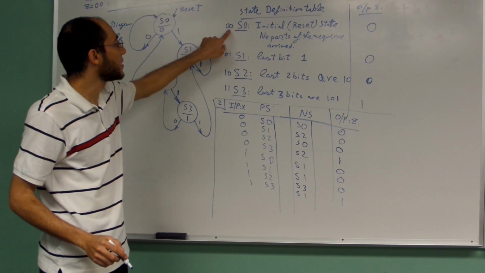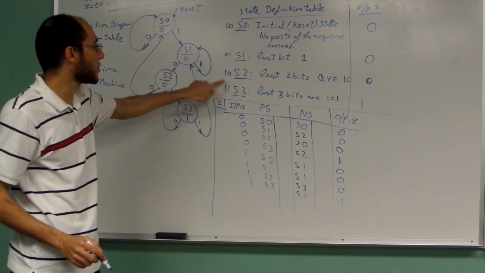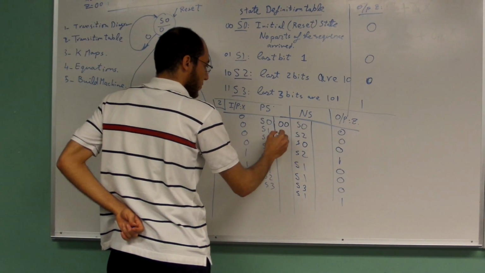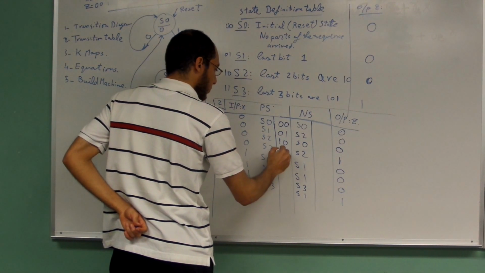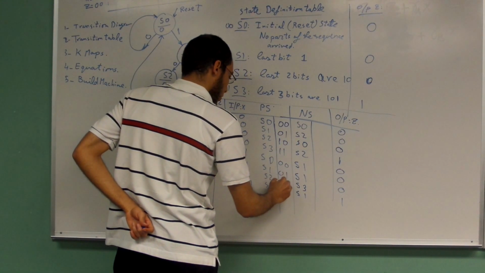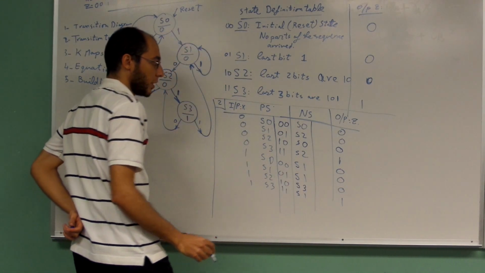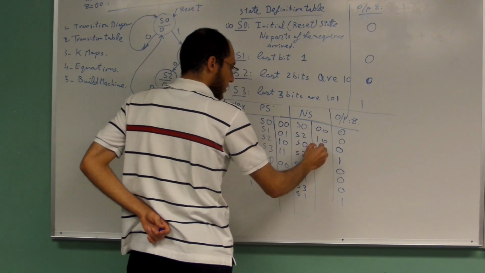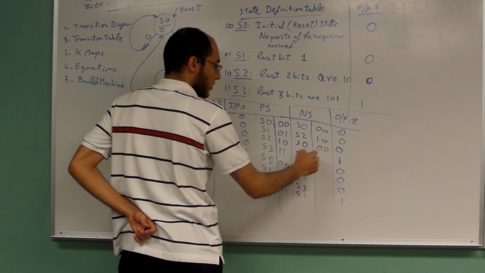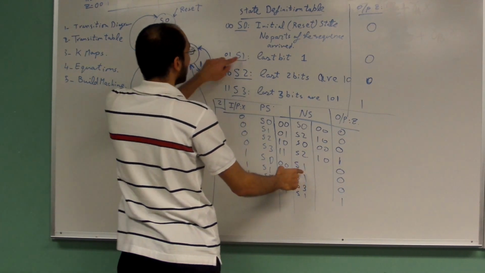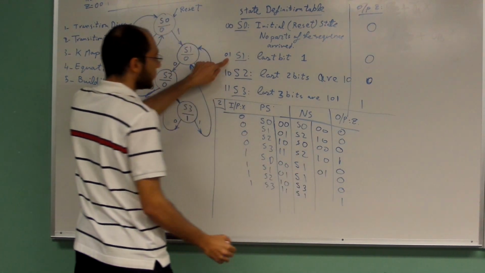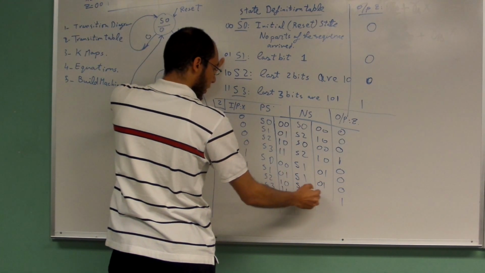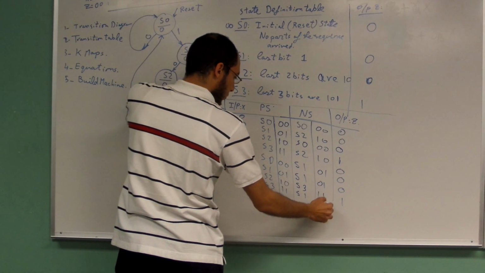Then S0 is 0, 0, S2 is 1, 0, S1 is 0, 1, S3 is 1, 1, and then S1 is 0, 1.